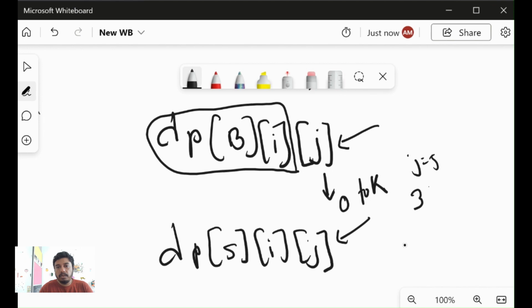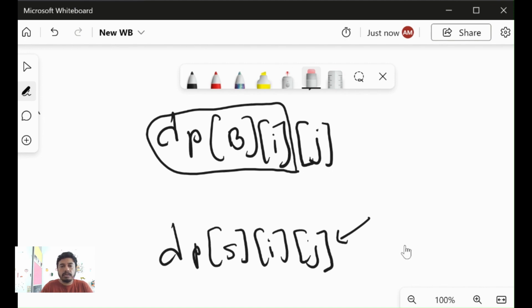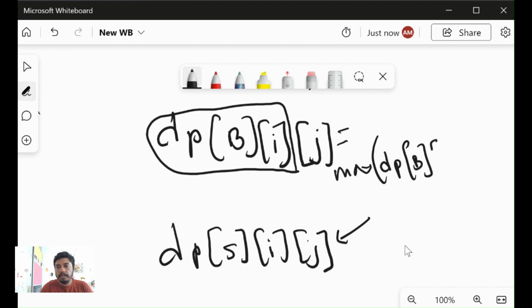So I'll define the recurrence relation for the buy activity first. Note that it is similar to before, but I have max of dp of b of i minus 1. One thing is that now I have to loop over dp using two variables, both i and j.